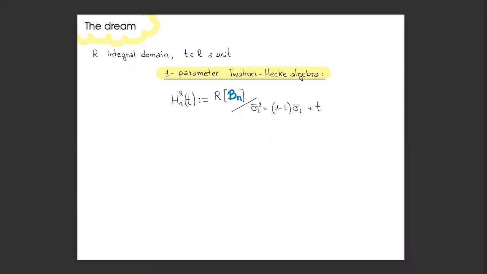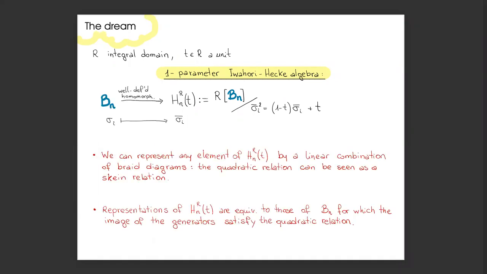Then what happens here is that you can consider the homomorphism from Bn to our quotiented algebra that sends the generator sigma I into the class of sigma I in our new object. And what you can say here is that we can represent any element in this definition of the Iwahori-Hecke algebra by a linear combination of braid diagrams.